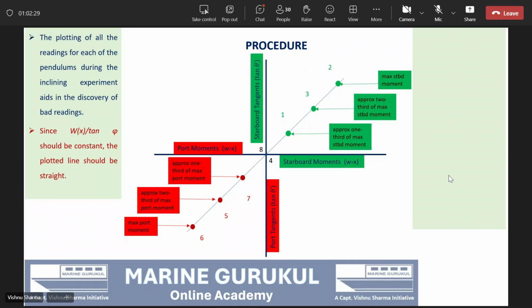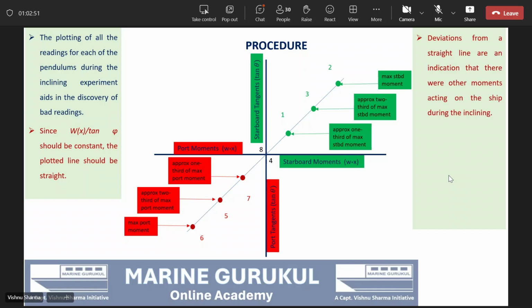If you get a straight line passing through the origin, your experiment is perfect. There are absolutely no problems. If there is a change from this, then there has to be a reason. You don't have to worry about this graph and all that, but if you ever come across it in the code of intact stability, it should make sense to you.